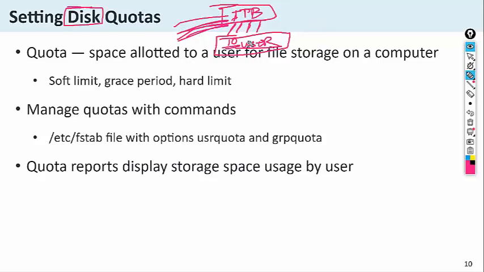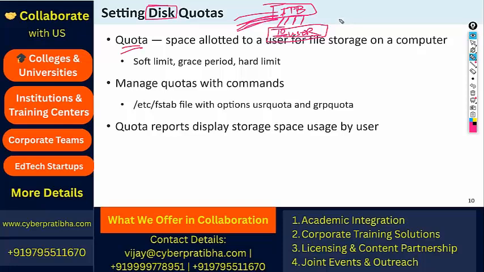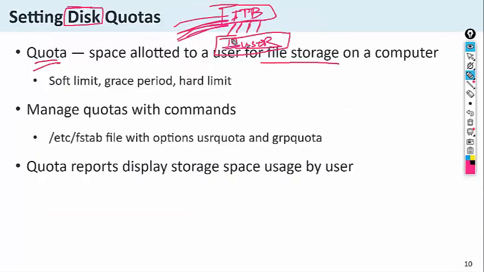So what is a quota? Quota means a specific area, space, or size is allotted to the user for file storage on the computer. Like 1 TB divided by 10, so everyone can use 100 GB of space.